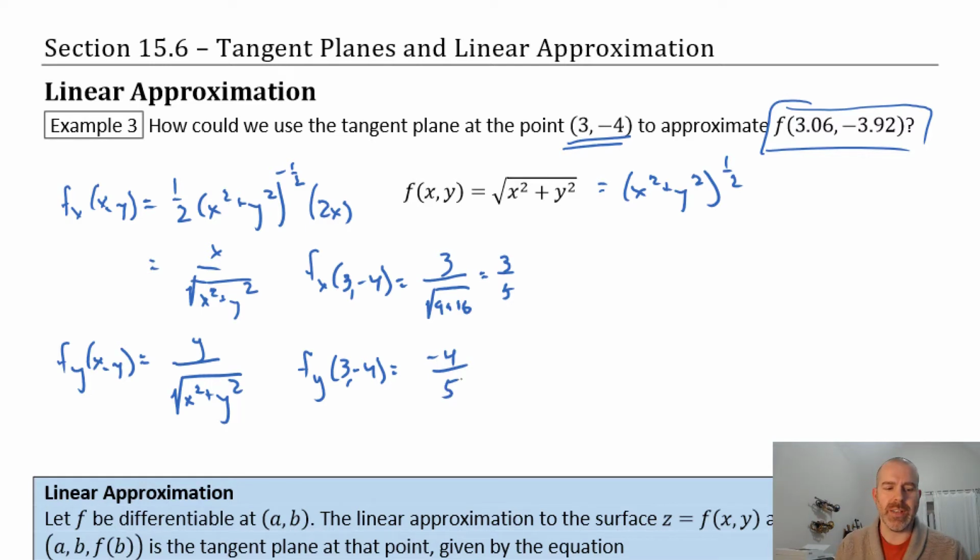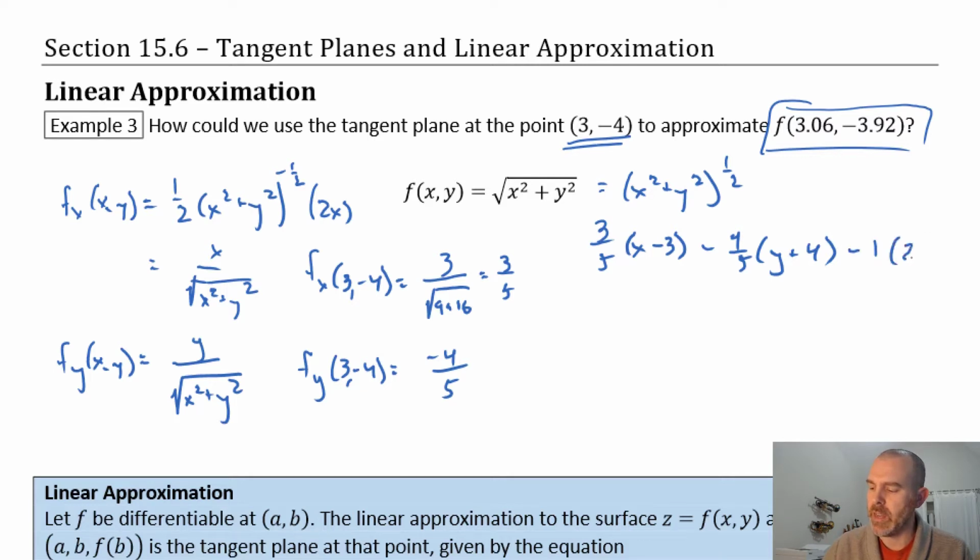All right, so our tangent plane then will be the partial derivative with respect to x times (x minus 3), plus the partial derivative with respect to y times (y minus negative 4), minus 1 times z. We need the z value there. f of (3, -4) will be 5, right? 3 squared is 9, plus 16, square root of 25. So z minus 5 equals 0.